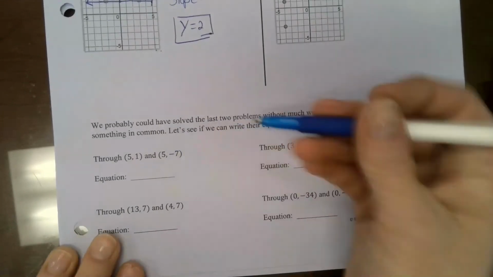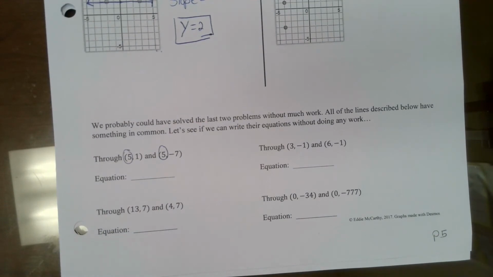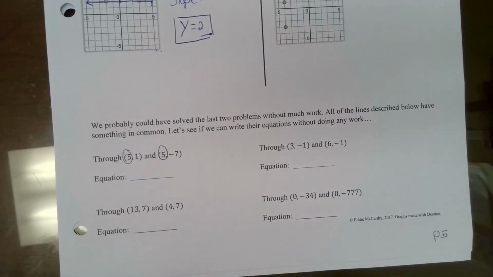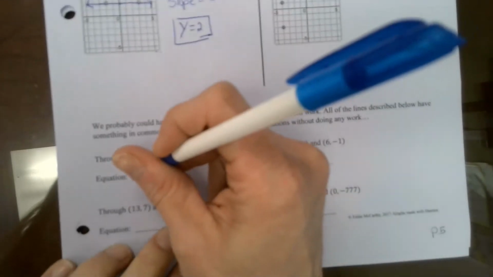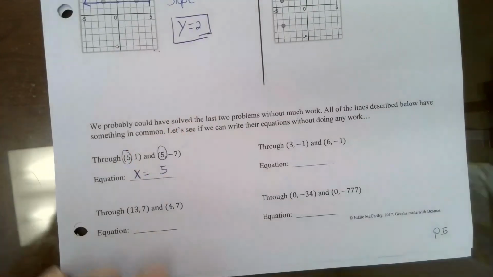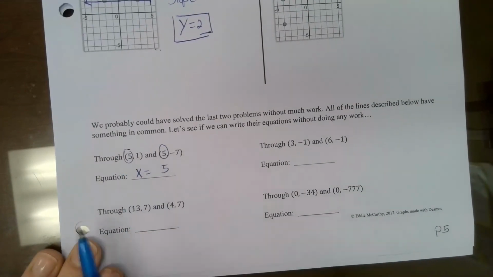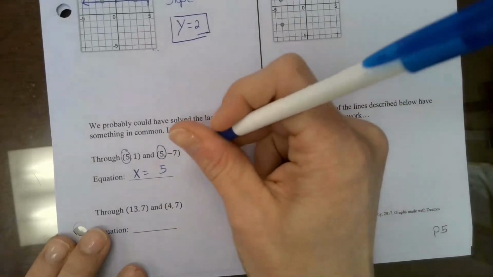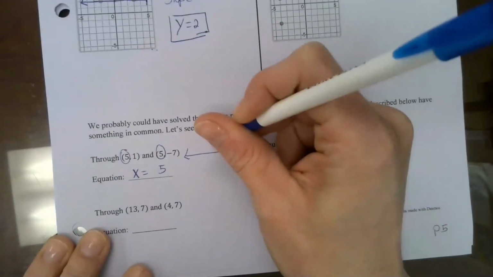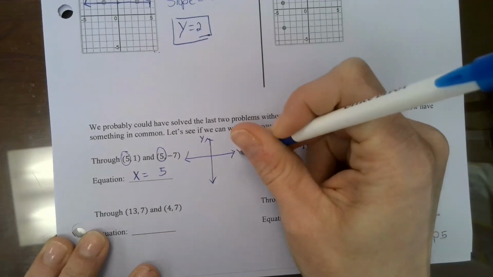What I'm noticing about this first one is both of the x's are 5s. If both of the x's are 5s, then we know that x equals 5. No matter what the y is, the x is always going to be 5. So if we were going to sketch a little graph about this, here's our y-axis, here's our x-axis.